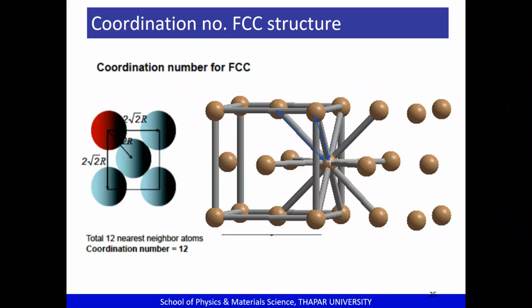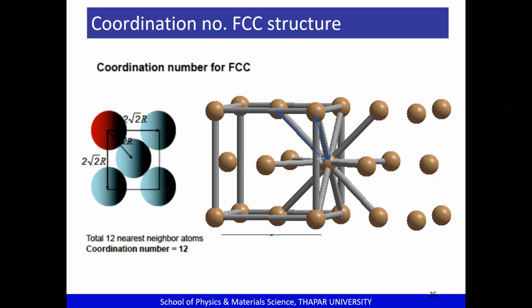You can do it yourself numerically, using simple geometry. Why? Because you know this is also a face diagonal, and this is also a face diagonal. So this is half of the face diagonal, and likewise this is also half of the face diagonal. So you can compute this distance and it will precisely come out to be the same number. You can do it mathematically by yourself.